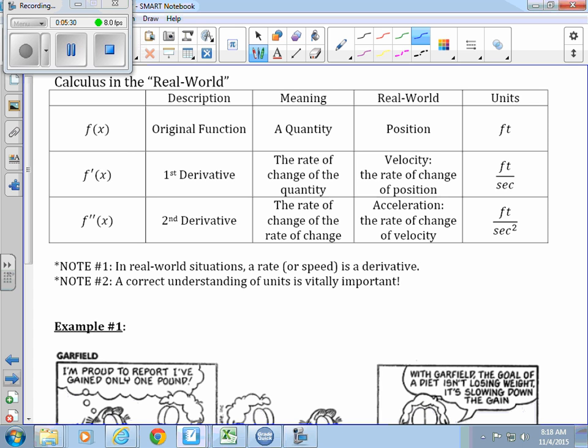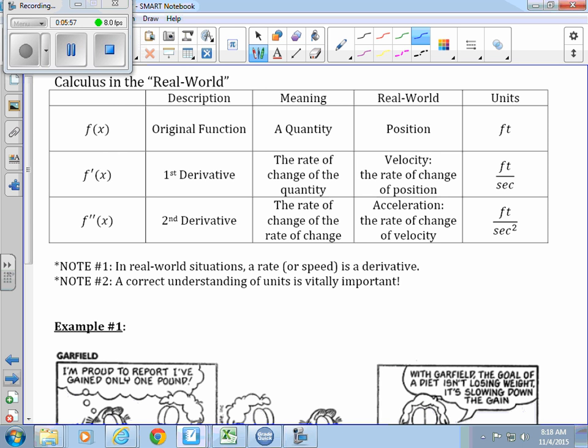So in real-world situations, a rate or a speed is a derivative, and a correct understanding of units is very, very important. Do you see why the slope of the slope would give you feet per second squared? Because change in y would be in feet per second over seconds.